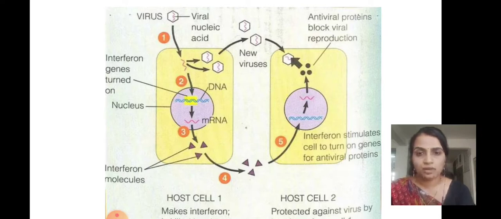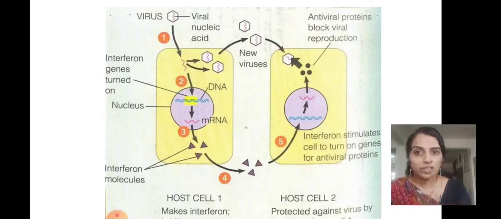When the virus is near the first host cell and has introduced its genetic material inside the host cell, the host cell then tries to check the genetic combination present on the genetic material of the virus which it has introduced into the host cell.